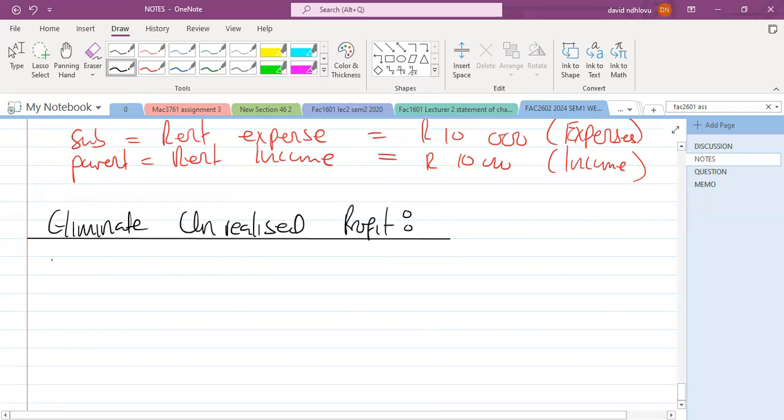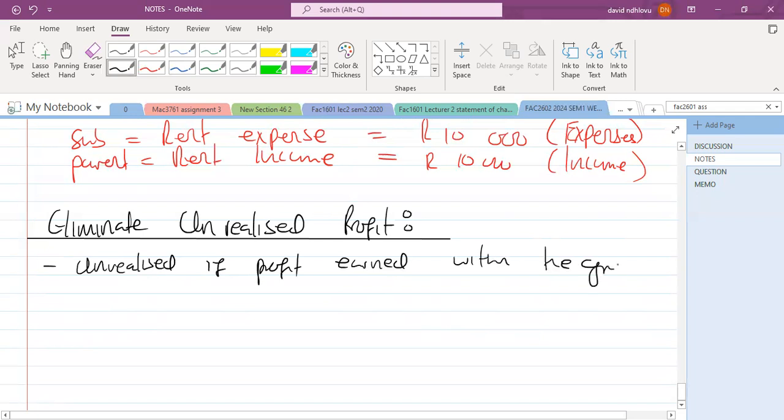So unrealized profit is profit earned within the group, and recorded in the P&L as well.